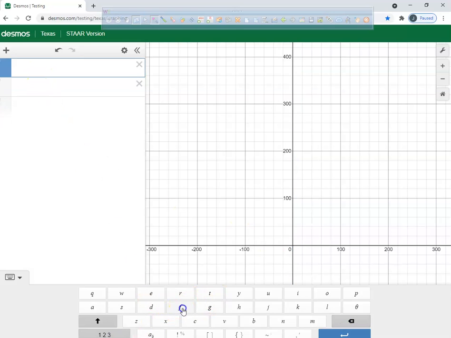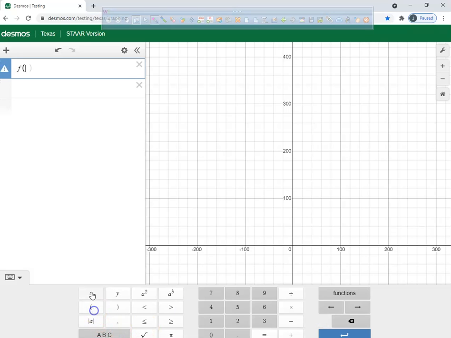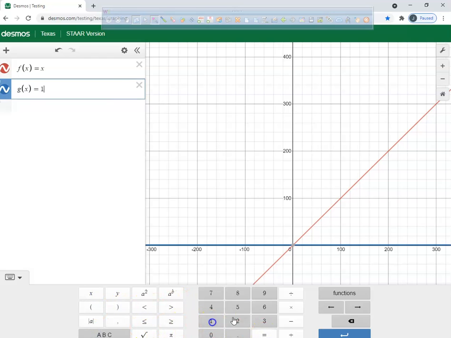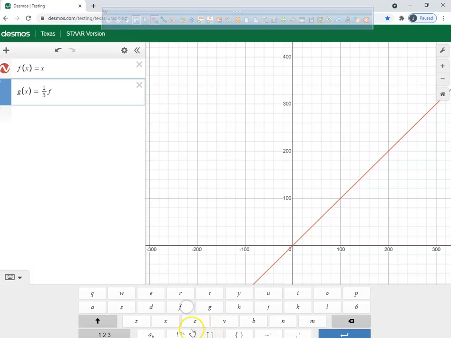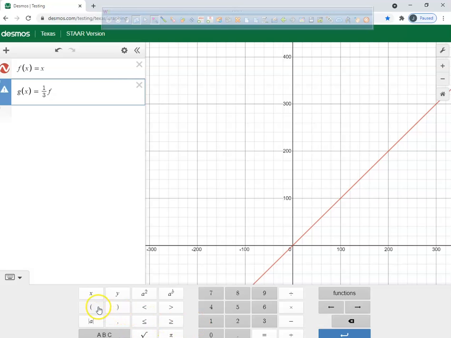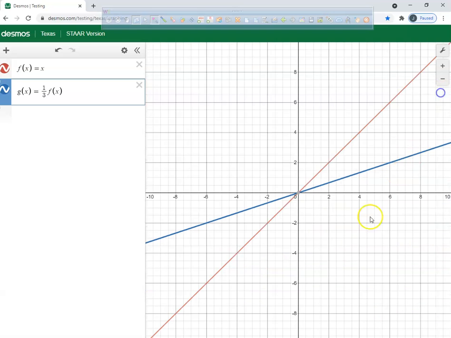All right, f parentheses x equals x. And then I'm going to put g of x equals 1 divided by 3 times f of x. And hit home.